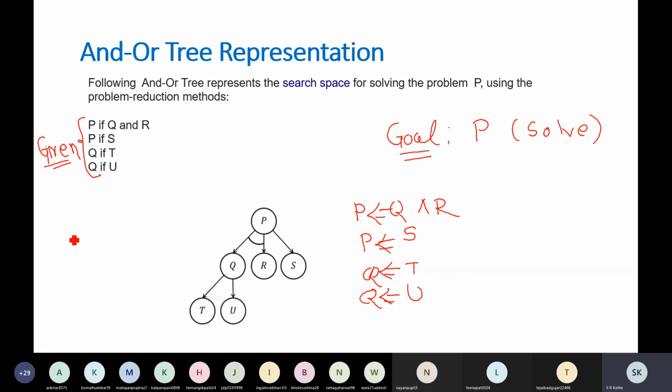What are those paths? One is through P and Q and R. So you will have to solve Q as well as R. And to solve this Q, one way is you can solve T.